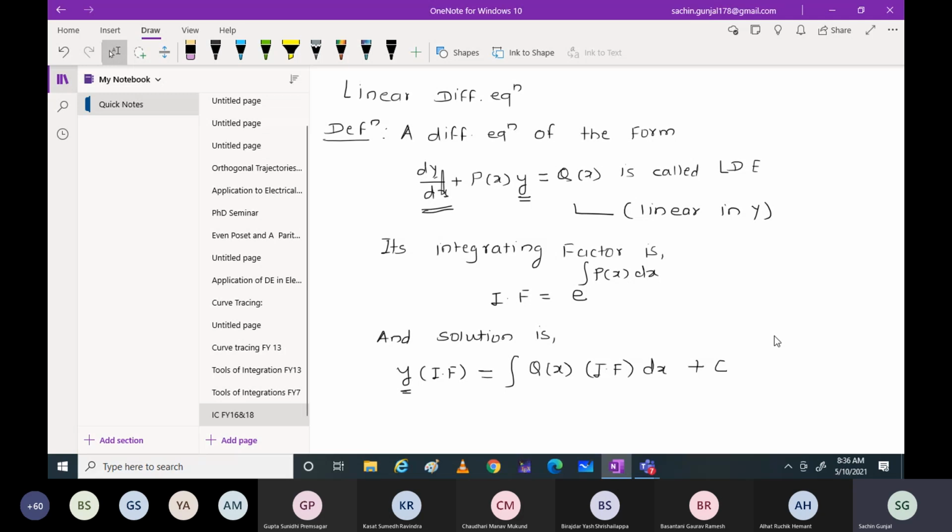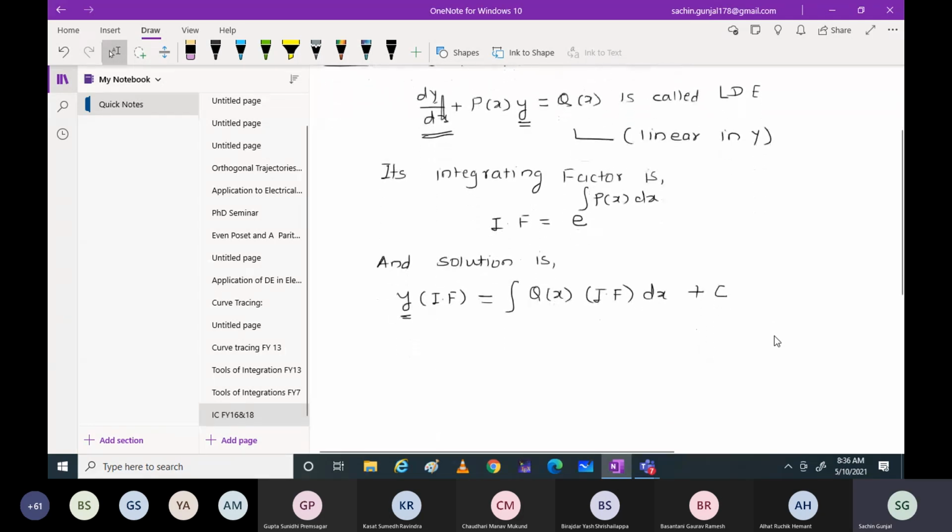Similarly, we can have another differential equation. Let me write it on similar line.